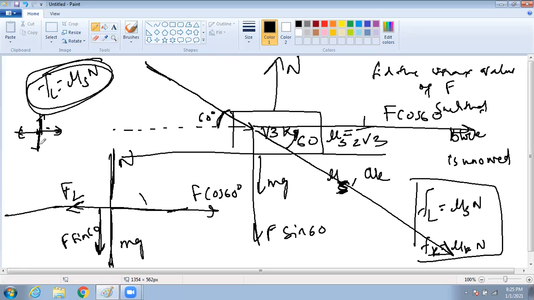This force equal to this force, equal to this force, the body will not move. Similarly, 2 downward forces, 1 upward force, one this side, one this side. If they're equal, then only the body does not move. Everybody clear till now?